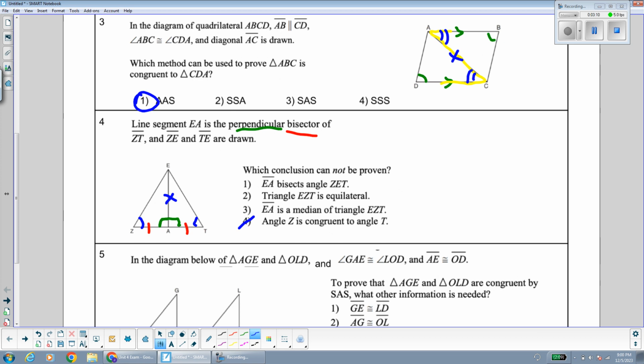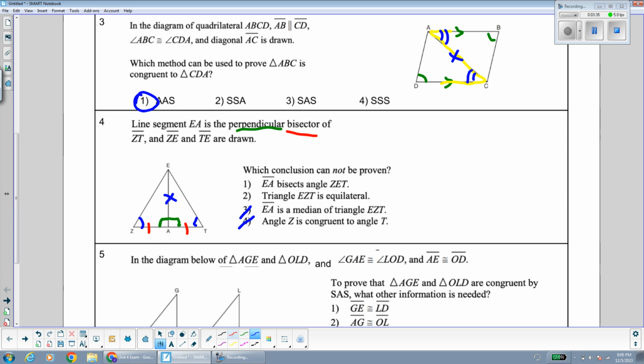So answer choice 4 is not correct because we can prove that. We just did. Answer choice 3 is also not correct because a median of a triangle connects a midpoint to the opposite vertex. And in triangle ZET, since we know that this is being split in half, A is the midpoint of the side, and it is connecting from a midpoint to the opposite vertex. So that definitely is a median.